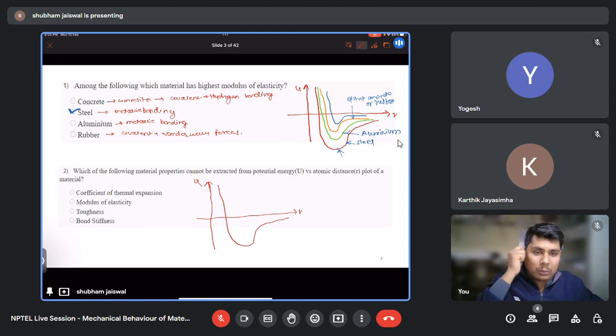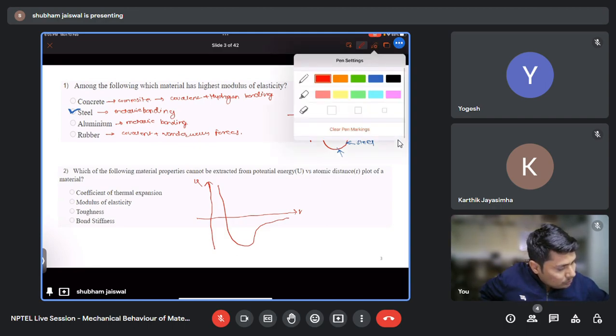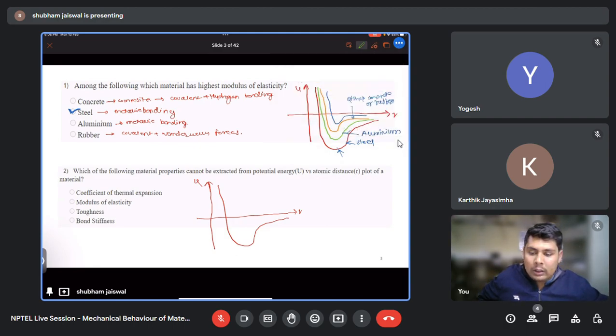If I draw the potential energy versus atomic distance curve, we can calculate the bond stiffness from the equation dF/dr or ∂²U/∂r² when r equals r naught.